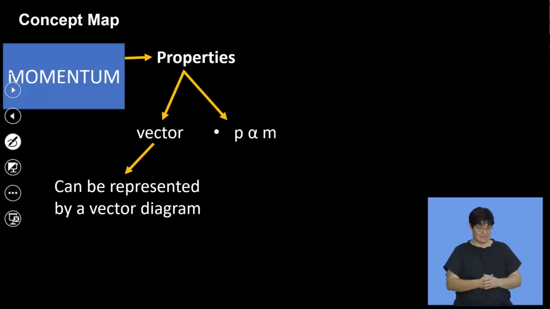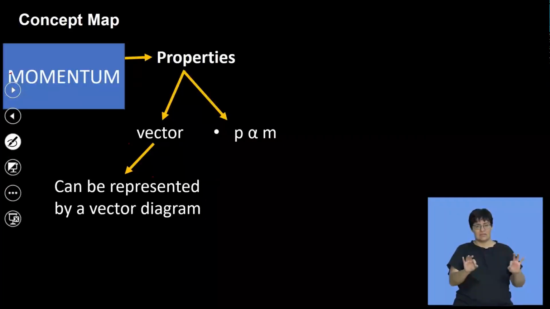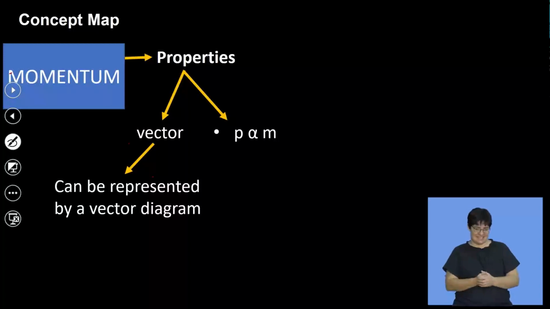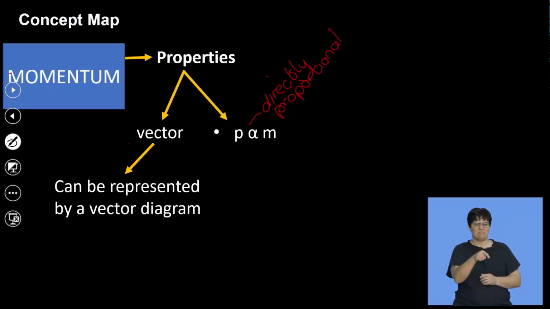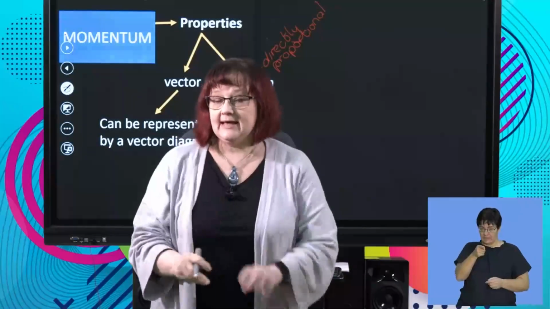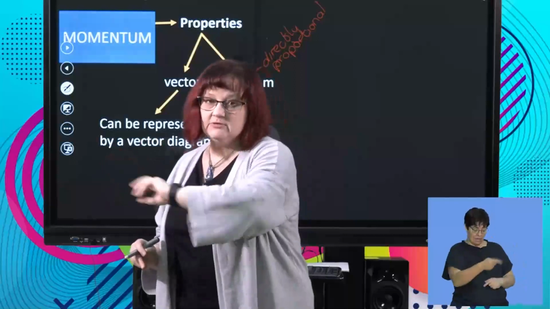Next thing. Momentum is directly proportional to mass. Remember, that sign means directly proportional. So, what does directly proportional mean? It means that if mass doubles, momentum doubles.